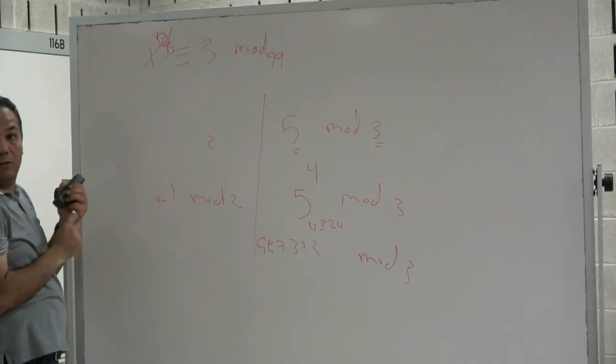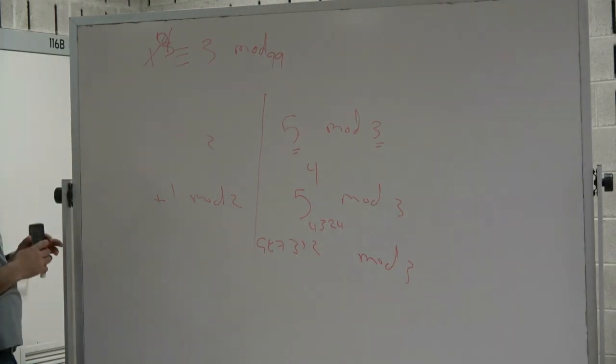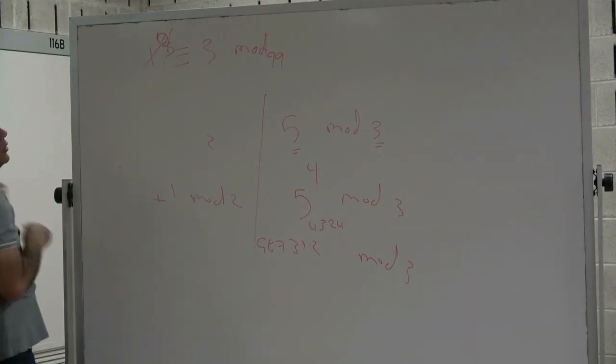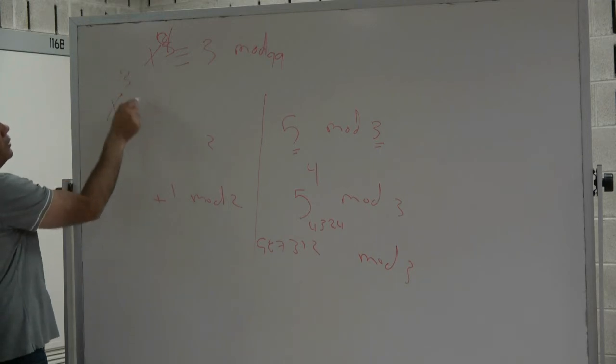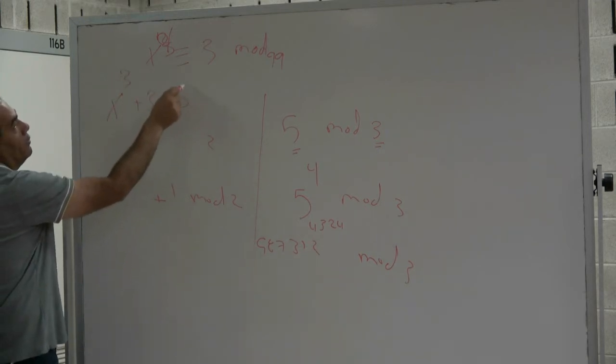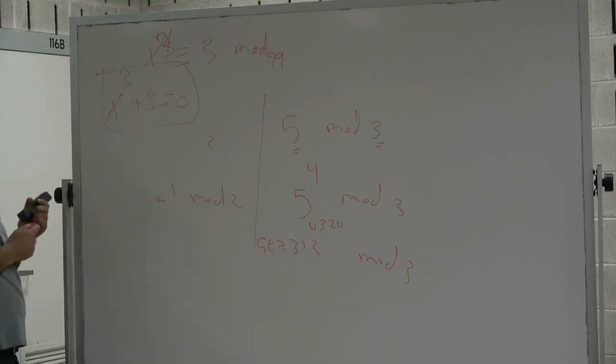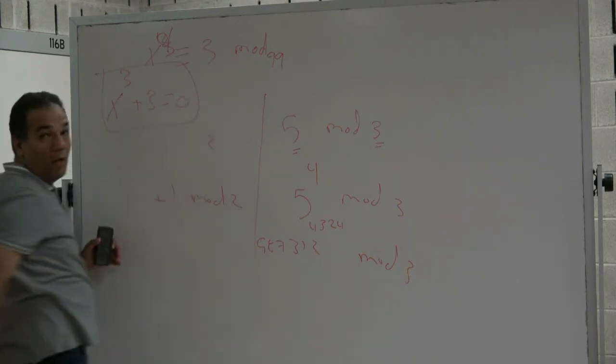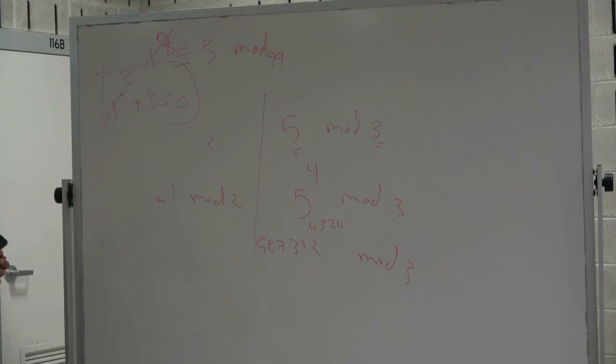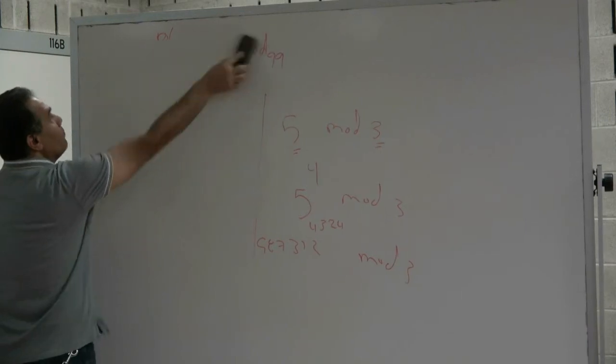So basically, we are trying to say that we are used to having equations like that, plus 3 equals 0. That's what we learned in high school. Now we are dealing with modular equations.